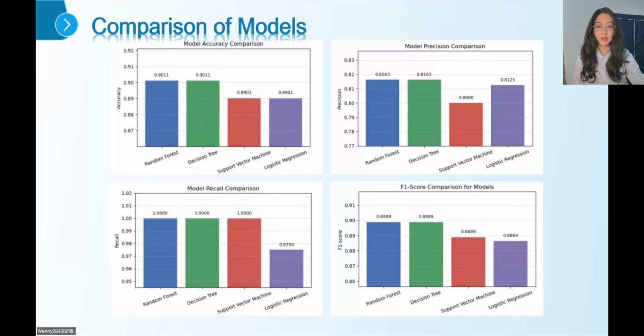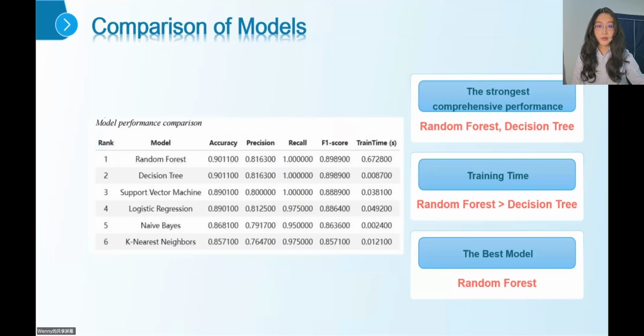After completing model training and tuning, I obtained the performance comparison result of the 6 models, as shown in the figure and table. Random forest and decision tree achieved the highest comprehensive performance, both with an accuracy of 0.9011, a precision of 0.8163, a recall of 1, and an F1 score of 0.8989.